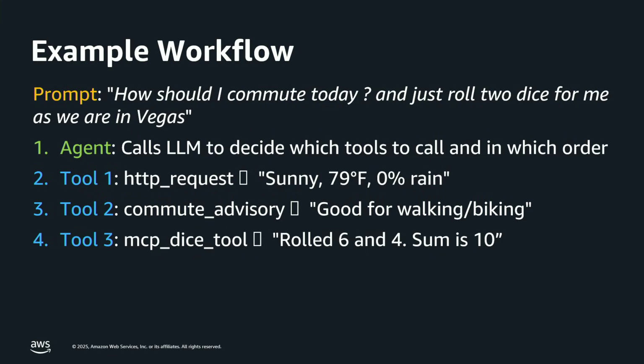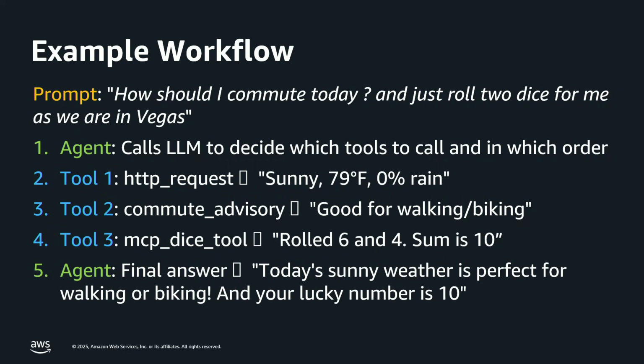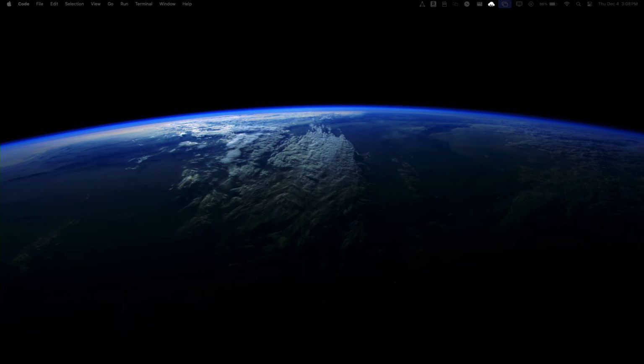And then for the MCP integration, we have the MCP server running a dice roll tool. When the agent completes its loop, executes all the tools available, does its reasoning, and determines it has everything it needs, we should get a result showing the weather and how we should commute. So let's build. Whoa, that's Earth.